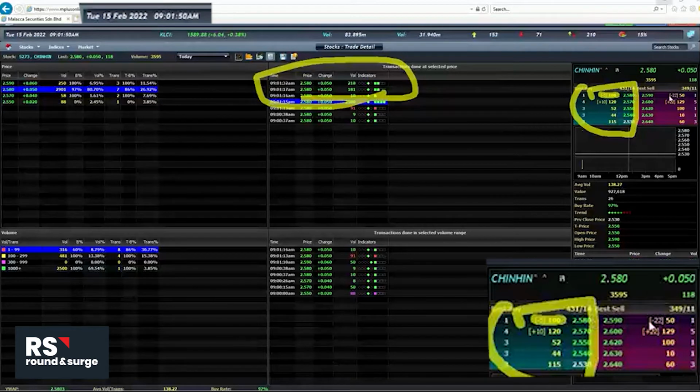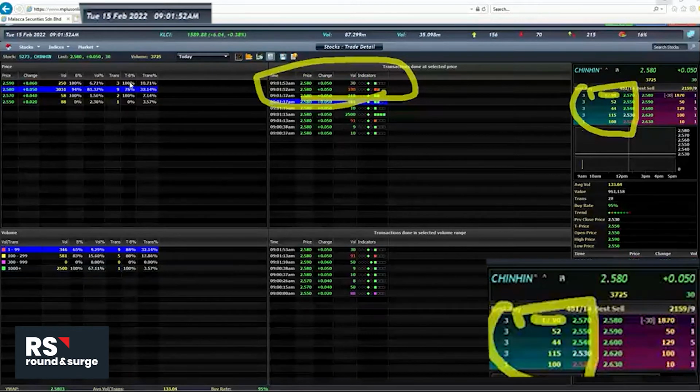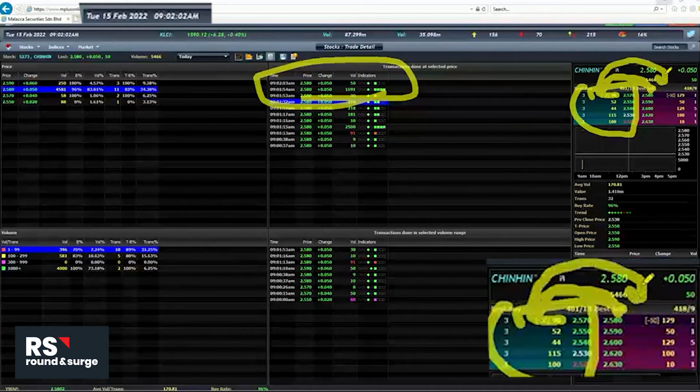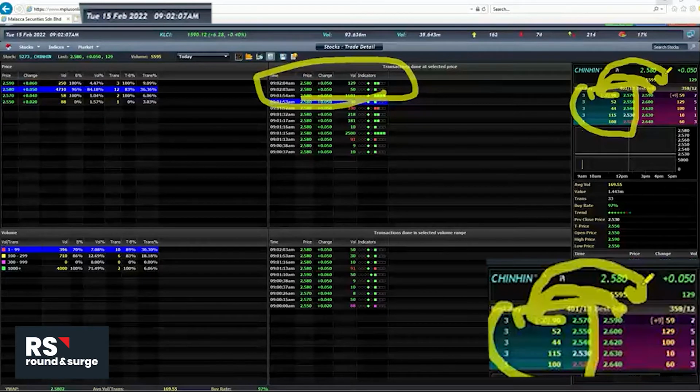It means that they might want to take 259. So they throw down again 100. We can see the stock price of 258 jump from here, jump from here, and then jump back to here again. There's a ding dong. Now it's clear again, but they have not filled back into the buy side.